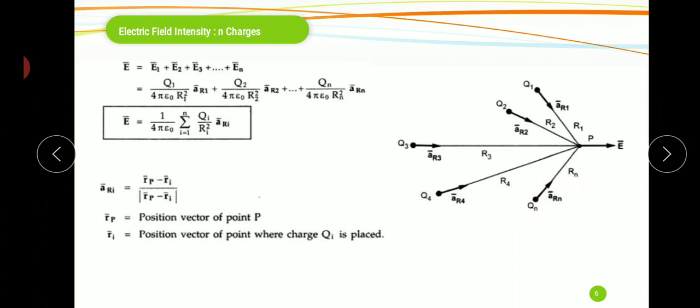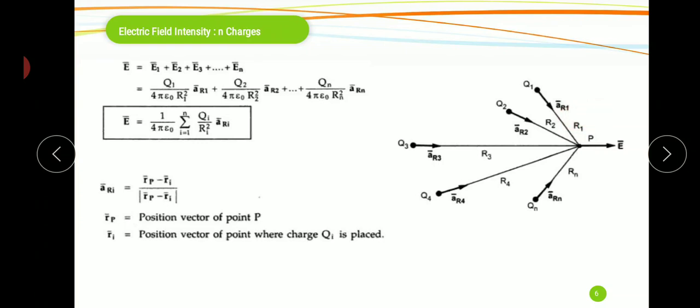First, let us take the electric field intensity at the point P due to q1. The distance between these two is r1, and the unit vector along this direction is a bar r1.